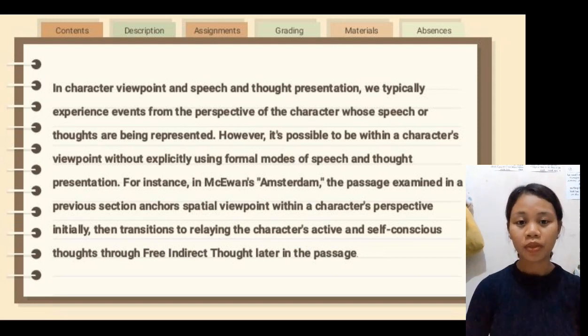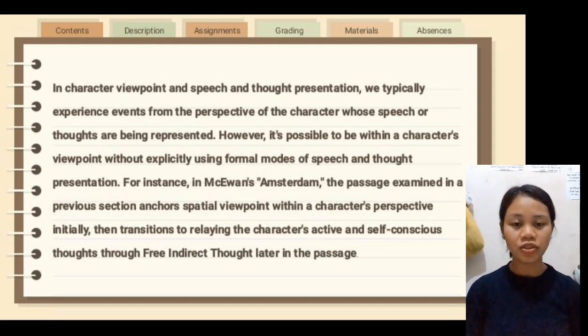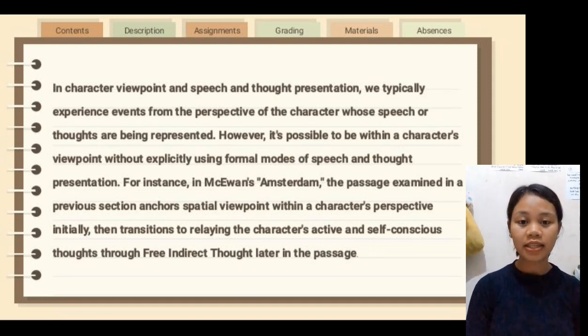For example, in McEwan's Amsterdam, the passage initially describes the surroundings from a character's perspective, and then the character's thoughts are shared without explicitly stating them through something called free indirect thought. This technique lets us experience the character's inner reflections and feelings even though it's not directly stated as their thought.